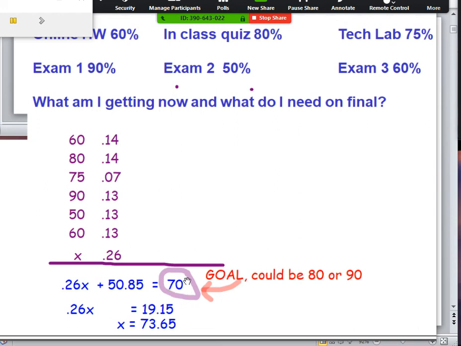If your goal is 70%, then that should equal 70%, or if it's 80% or 90%, you'd put that in there. Then we subtract this amount from both sides, and you'll get 0.26x equals 19.15, and then divide both sides by 0.26, and you'll get the amount here.